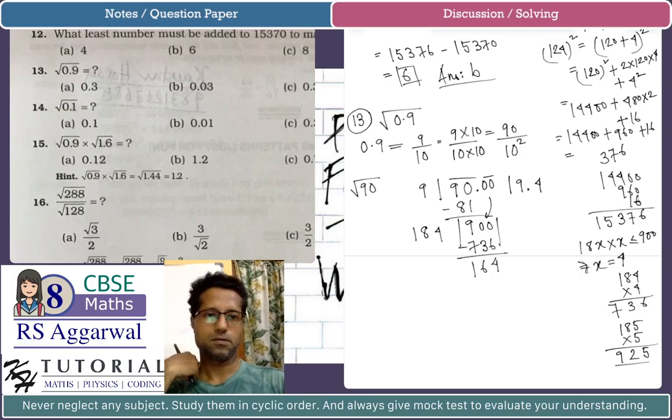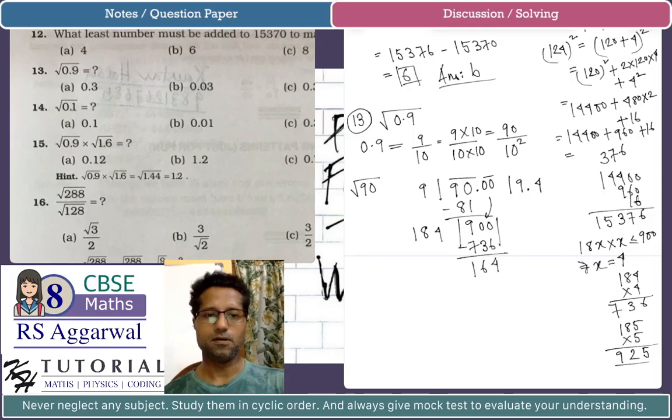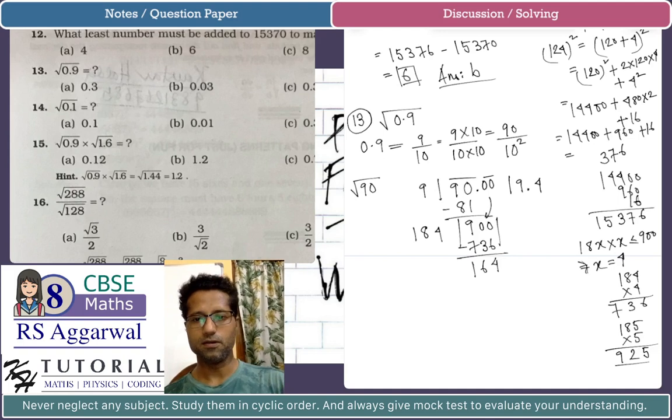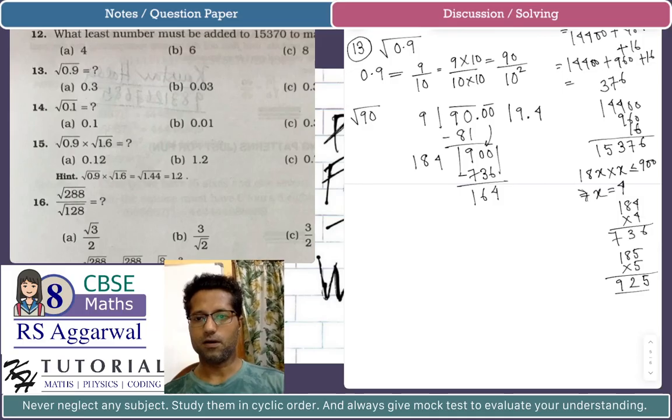Okay, so the number is 0.9. Don't immediately think that it will be some kind of 0.3 or 0.03. It will not be the case. So it is a tricky question. You have to solve it very carefully. So I have 164 as remainder and there are no more periods.